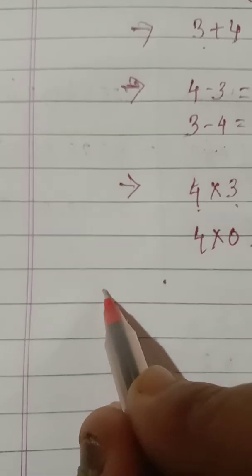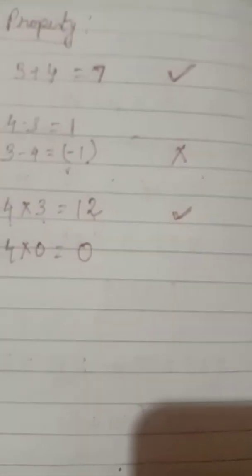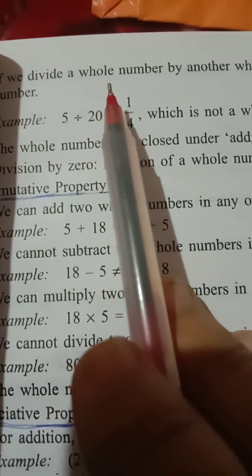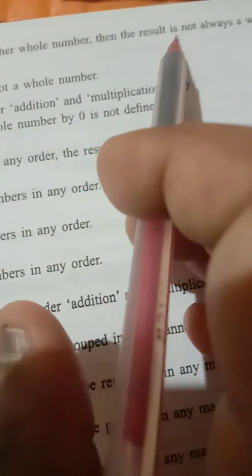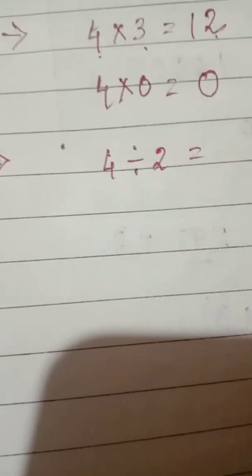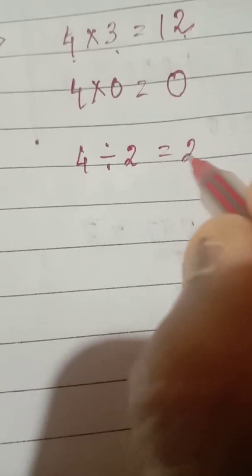Now come to division. In case of division, if we divide a whole number by another whole number, then the result is not always a whole number. Suppose I divide 4 by 2, I get the answer 2.